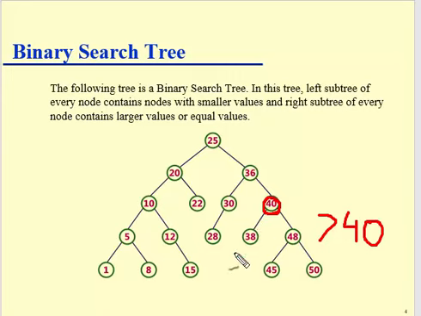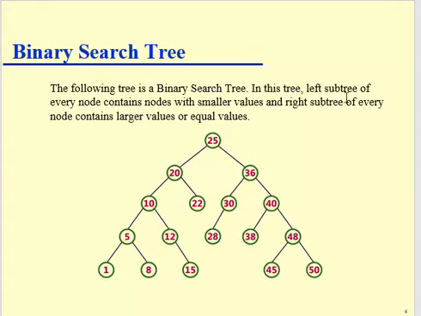Now take this one, on the left subtree you should have a value that is lesser than 40. So what are you having? You are having 38. Okay, so this is also satisfying the condition of a binary search tree. You take any other node, like I'm taking 5. What is 1? 1 is lesser than 5. What is 8? 8 is greater than 5. So this is your binary search tree.